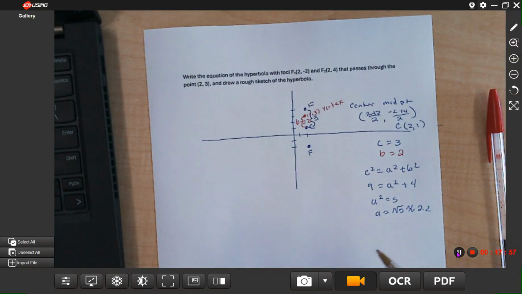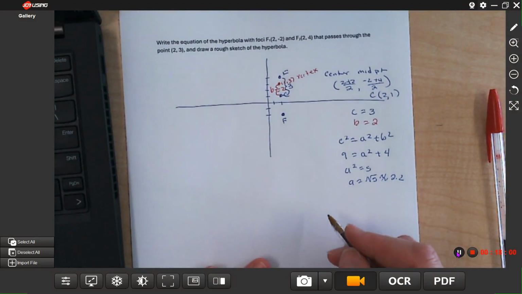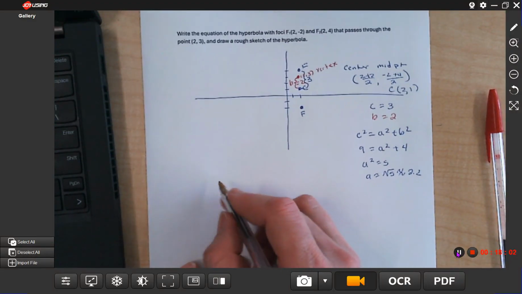So I'm pretty much ready to write my equation, so I'll do that because that was the first part of the goal.